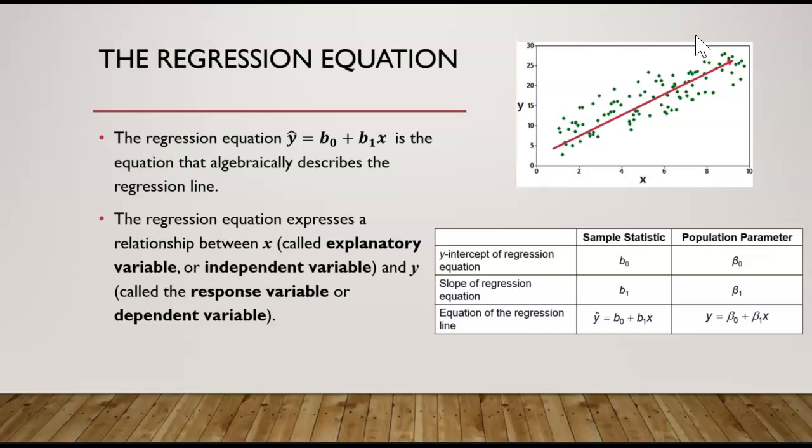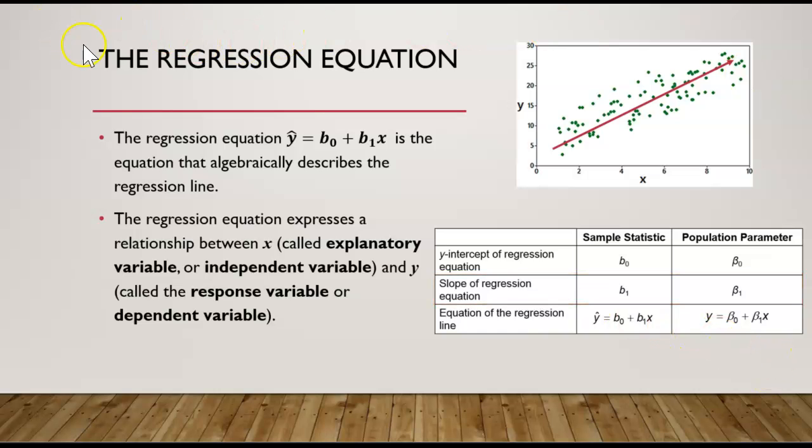The equation of the regression line for a sample statistic is y hat equals b sub 0 plus b sub 1 times x, and the equation of the regression line for the population parameter is y equals beta sub 0 plus beta sub 1 times x, where b sub 0 and beta sub 0 are the y-intercept of the regression equation, and b sub 1 or beta sub 1 for the population parameter is the slope of the regression equation.